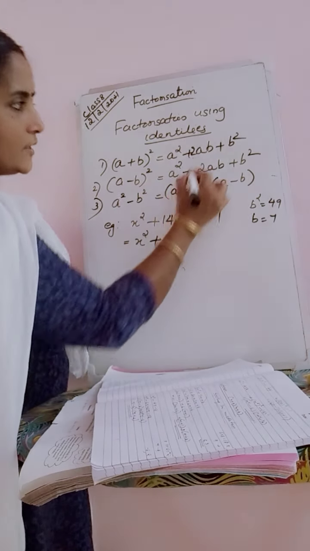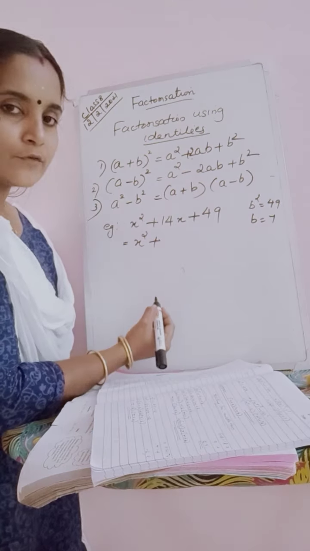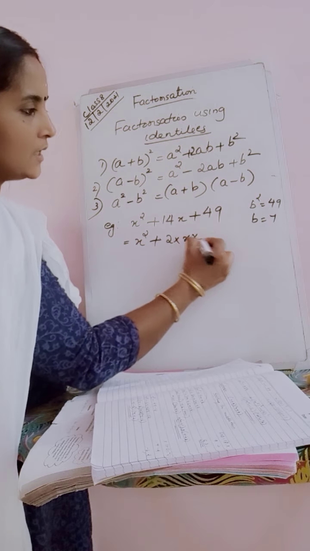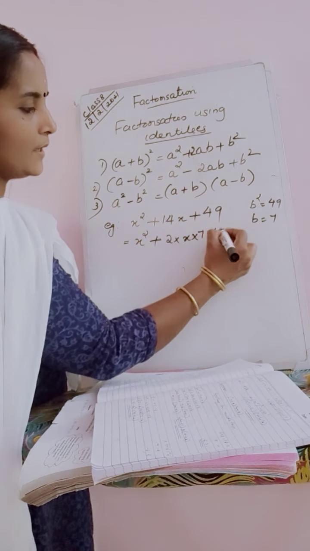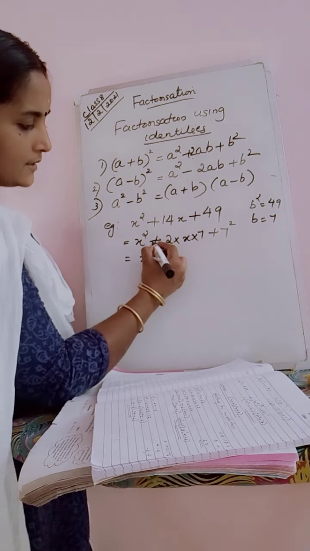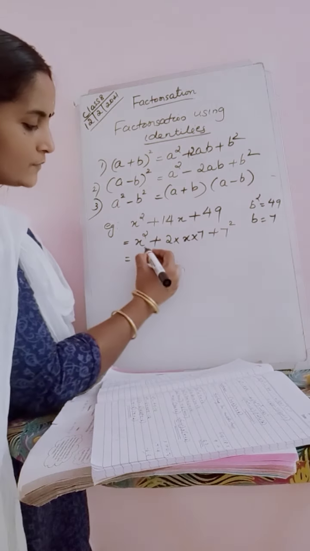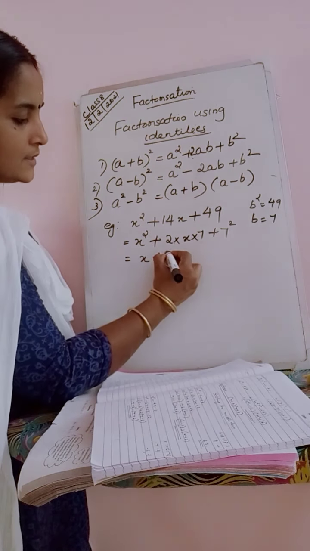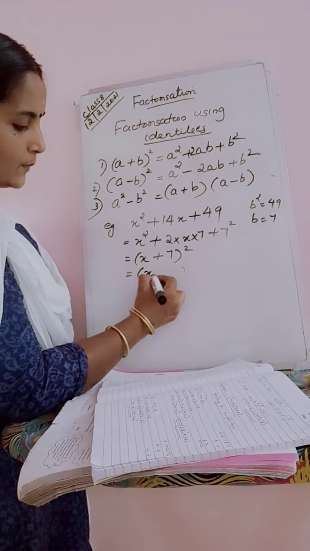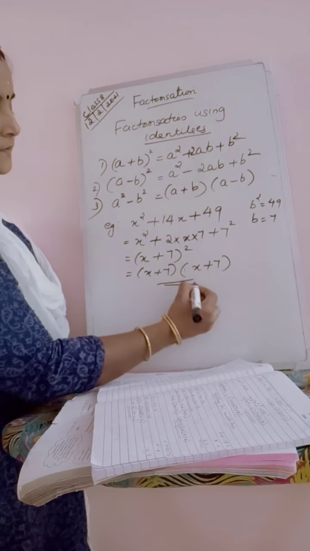So we can write 2ab form. 14x can be written in the form of 2ab, that is 2 into, instead of a we have x, and b is 7, plus 7 square. Okay, so we can write it as x square plus 2ab plus b square. So x plus 7 the whole square, that is x plus 7 into x plus 7. Okay.